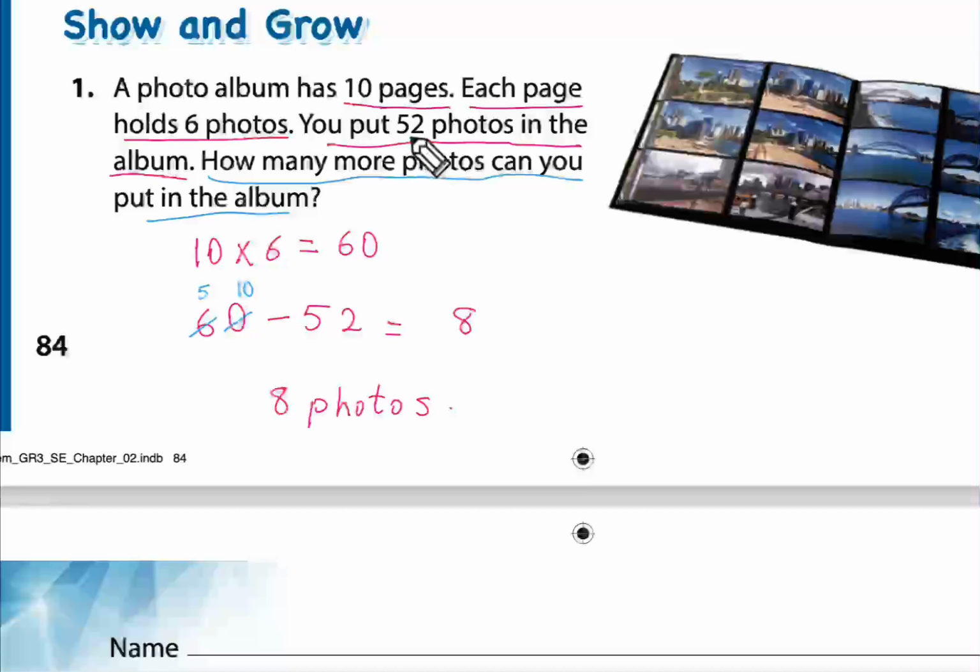You put already 52 photos. So subtract 52 to know or to get how many places are not used. So we have 8 places are not used, or 8 photos we can add to the album.